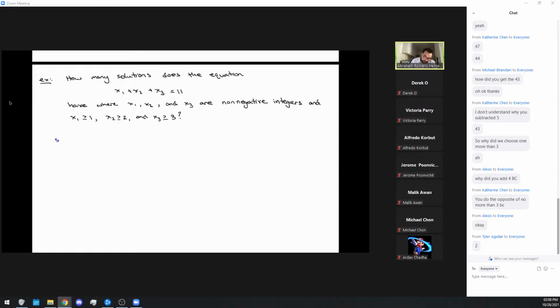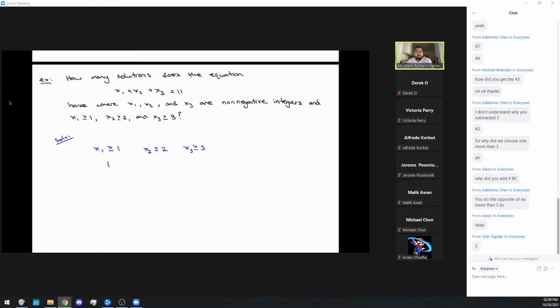So let's actually do it. x sub 1 needs to be greater than or equal to 1. X sub 2 needs to be greater than or equal to 2. And x sub 3 needs to be greater than or equal to 3. That's what they're saying here. Well, all they're saying is that x sub 1 needs to be at least 1, so I'm just going to say, okay, that's 1.